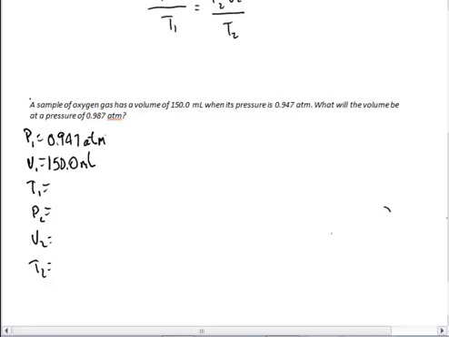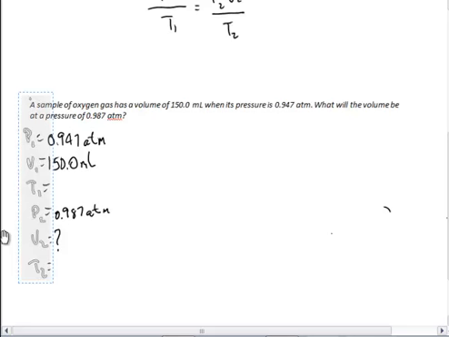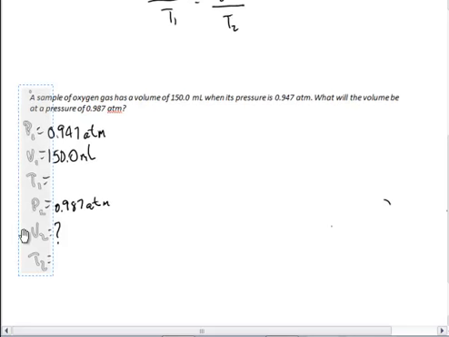Okay. Then we're asked, what will the volume be? We're being asked to find the final volume at a pressure of 0.987 atmospheres. Now you'll notice that nothing is said here about the temperature, and so that remains constant.